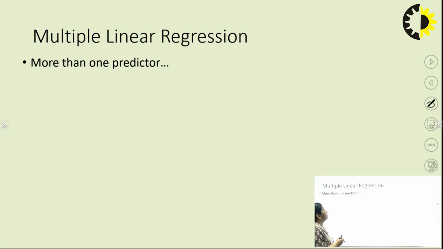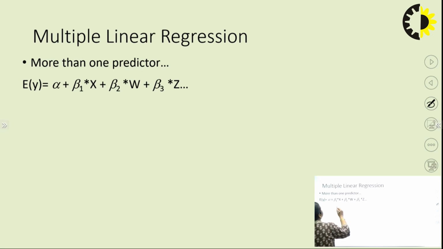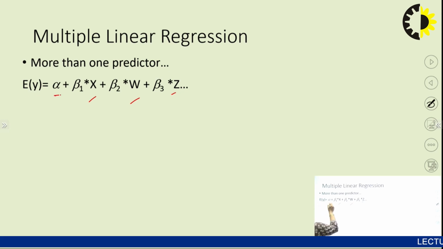Here we have multiple predictors, say x, w, z. So accordingly my linear regression formula will be the multiple linear regression formula. The expected value of y will be alpha plus beta 1 x plus beta 2 w plus beta 3 z, and so on.